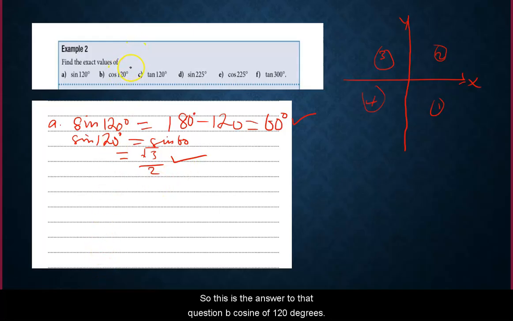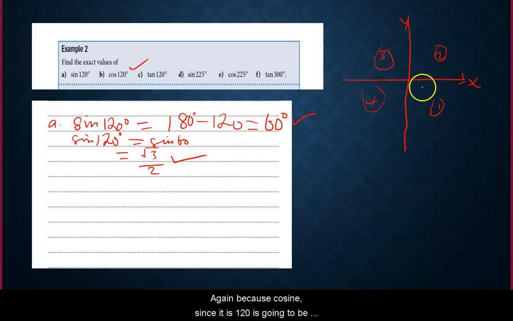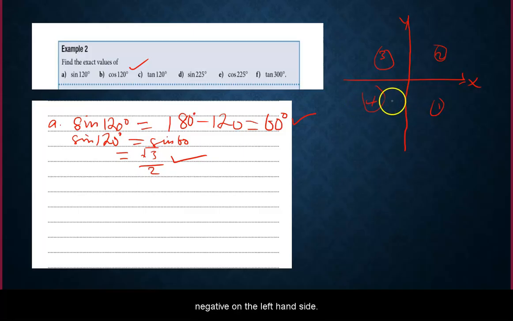B, cosine of 120 degrees. Our reference angle for cosine lies here. So the reference angle is going to be 60 again, because cosine, since it is 120, is going to be negative on the left hand side.